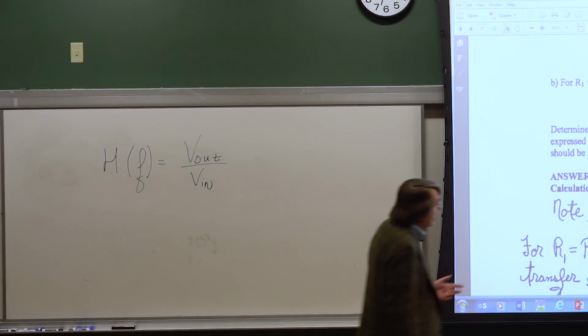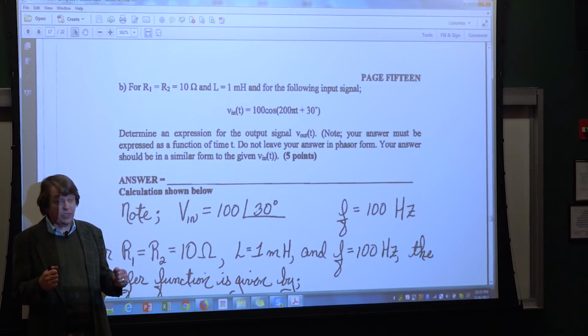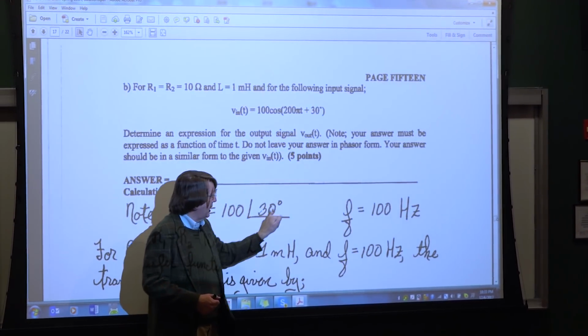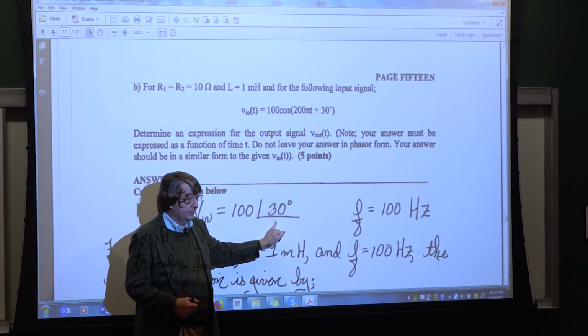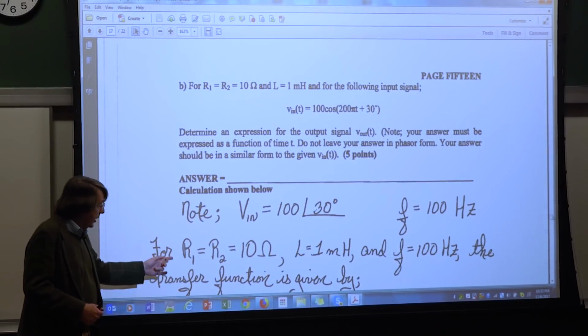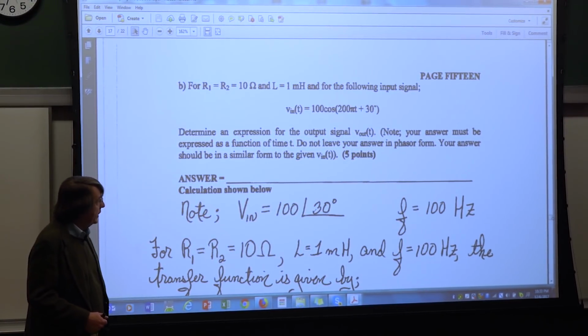So I say, all right, what is V in? I have to write V in phasor form because that's the math I'm going to use. So V in is 100 at an angle of 30 degrees. And now I substitute 10 ohms and 1 millihenry.